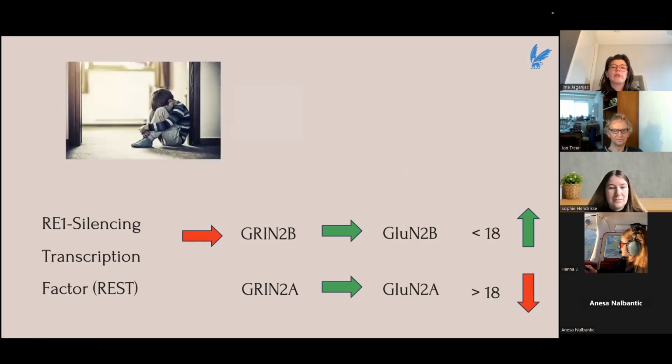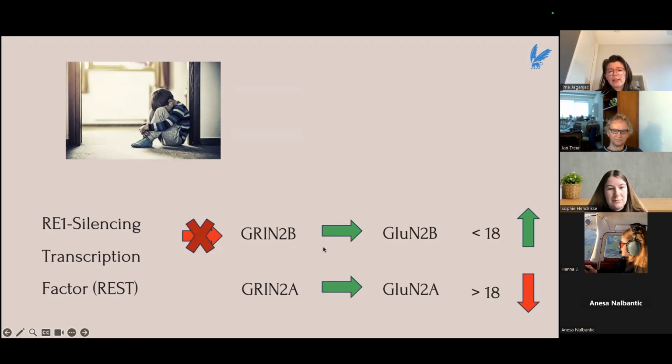But it can also go differently. For example, when you have an unhealthy upbringing and you experience, for example, neglect or abuse. What then happens, for example, with this boy, is that REST can stop silencing GluN2B because you feel a lot of emotion during this phase, and it leads to an epigenetic effect where REST stops blocking GluN2B.